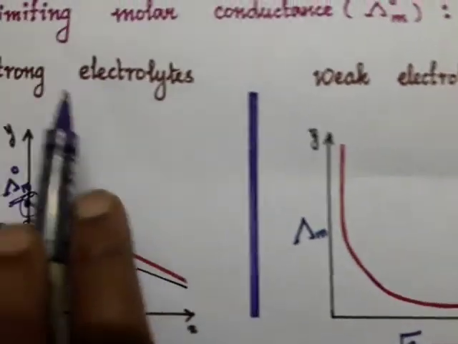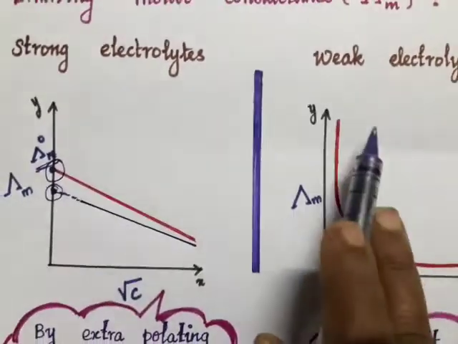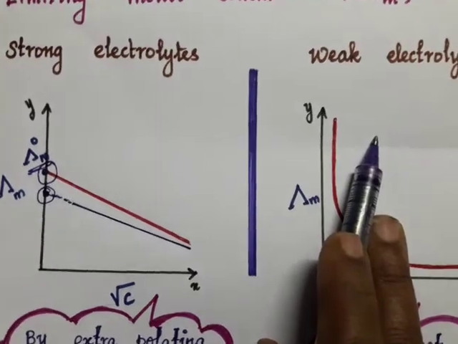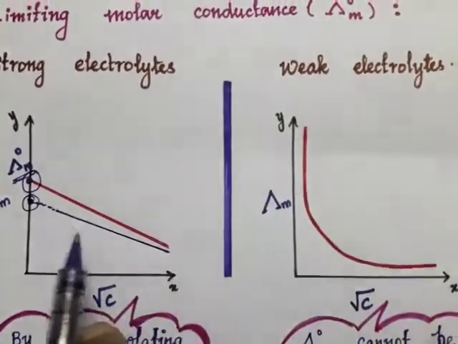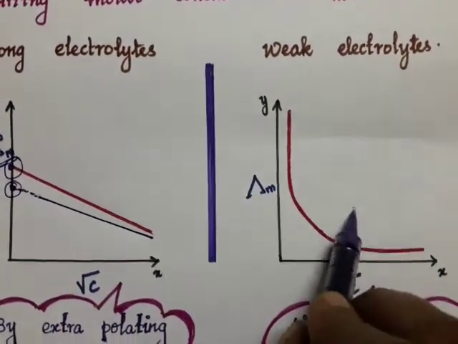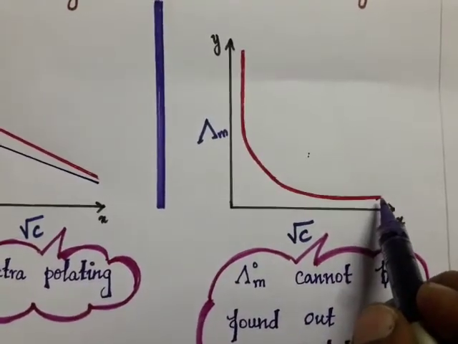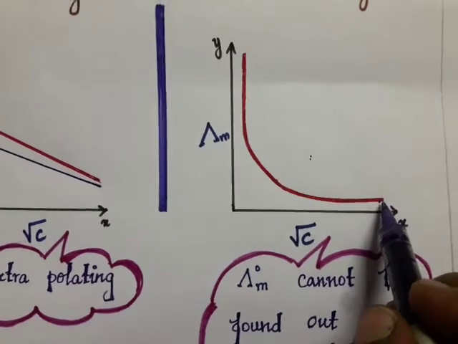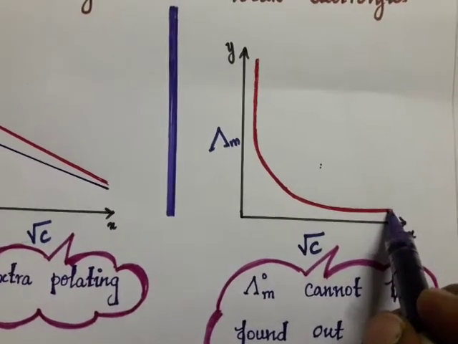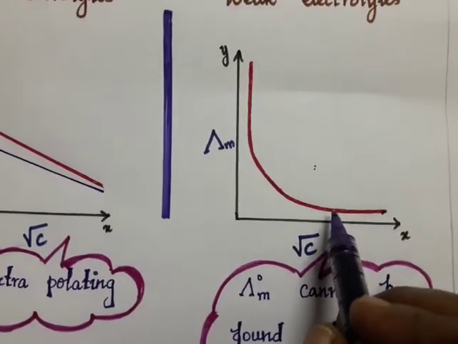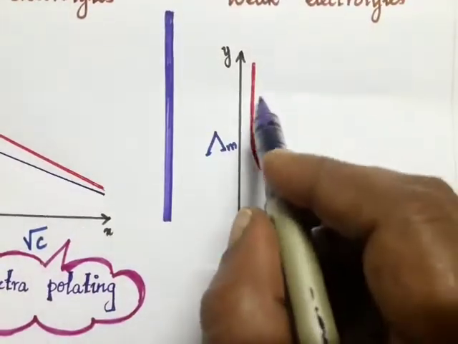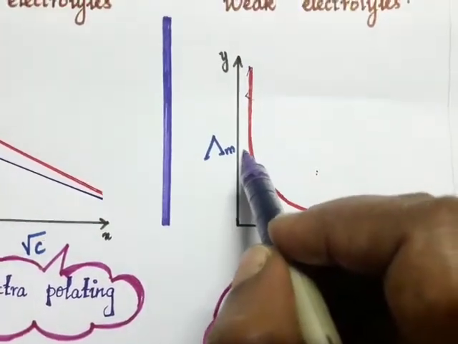And in the same way, we cannot calculate it for the weak electrolyte. Why? Because for the weak electrolyte we are not getting a straight line, we are getting a curve. At high concentration, the graphical line is parallel to the x-axis, and at low concentration it is parallel to the y-axis.